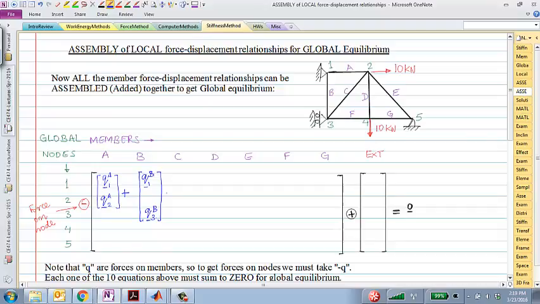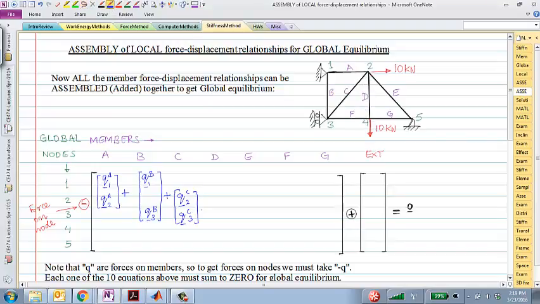Okay, what would be the contribution of element C to this equation? Element C is connected to 2 and 3. So all I need to do is to add QC2 and QC3. Similarly, element D is connected to 2 and 4.